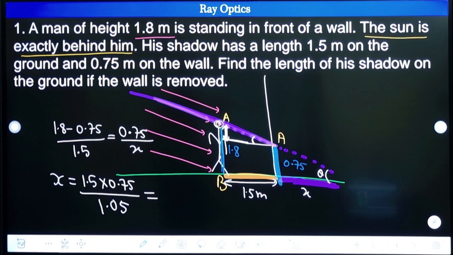Exactly how much it is coming. 1.5 times 0.75 divided by 1.05. I think it is coming 1.07 approximately.